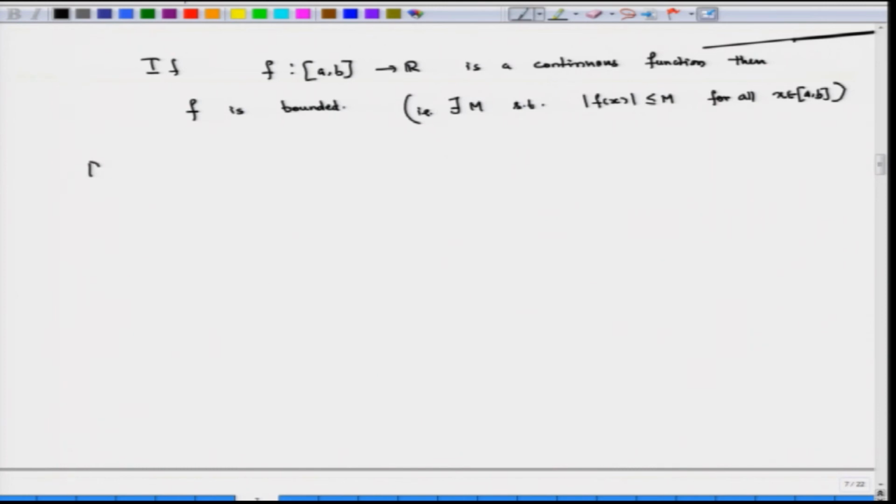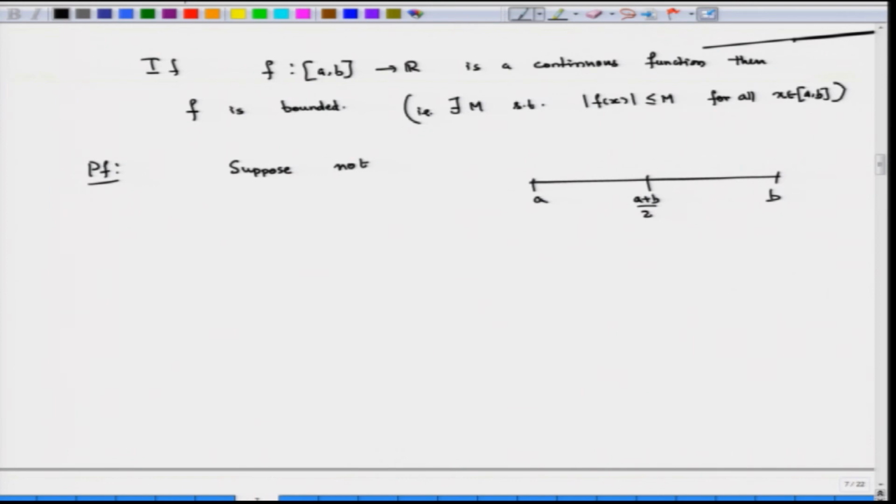Now, the proof is very interesting. Suppose f is not bounded. I have an interval [a, b]. Let me call the midpoint (a+b)/2. I divide this interval into two parts. It may happen that in at least one of these sub intervals f is unbounded.